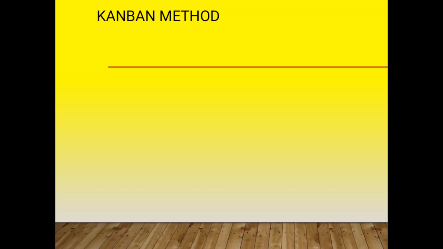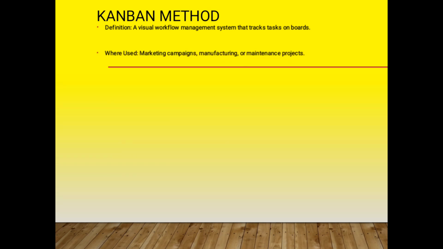Let's go to another one, the Kanban method. On the Kanban method, there is a visual workflow management system that tracks all the tasks on a board. This can be good for marketing campaigns, manufacturing, as well as maintenance projects.